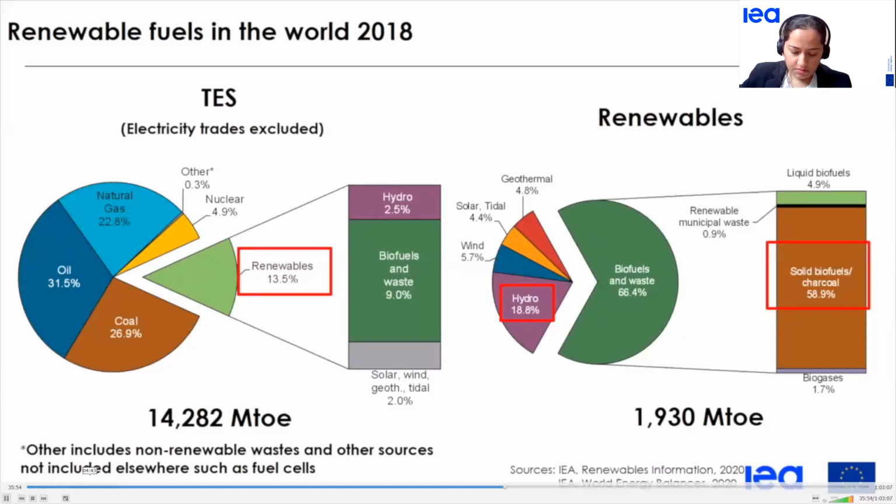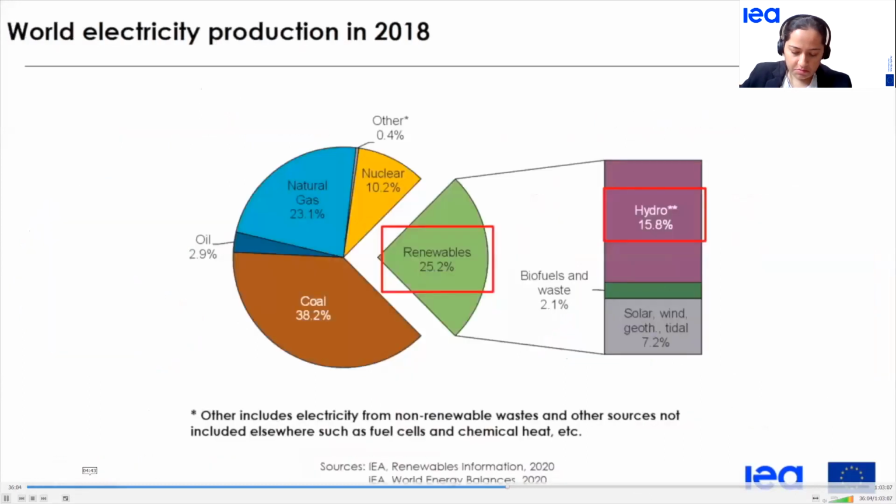Hydro represents the first element of electricity generations from renewable sources in our statistics. And it is present in a large part in the world electricity productions, which represent almost 15% of the electricity generated in the world.